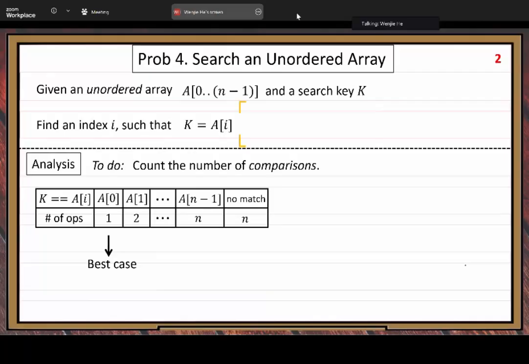First concept: best case efficiency. One comparison is the best case efficiency. Second concept: worst case efficiency. The last two cases, with n comparisons, are the worst case efficiency. These two cases are very easy.